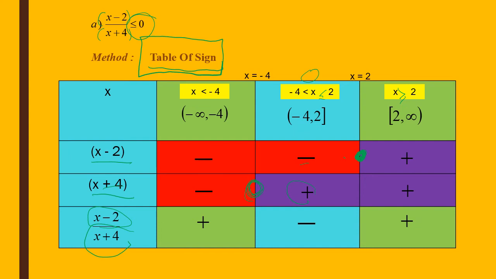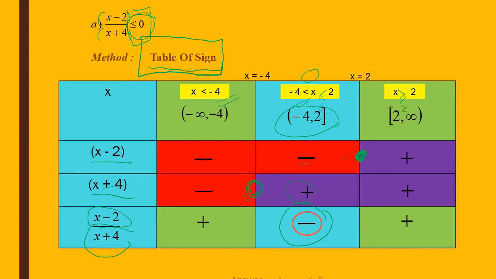So what is the answer for this part? We want to take the less than 0. Where is the less than 0? This is the less than 0 area. This interval does not include negative 4, right? So it should be negative 4 to 2, with 2 inclusive, but not negative 4.